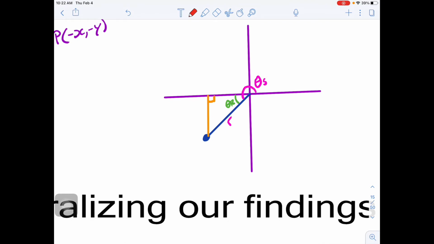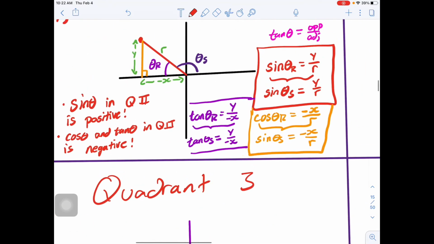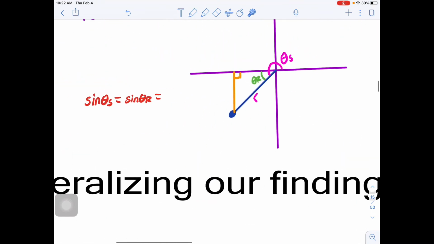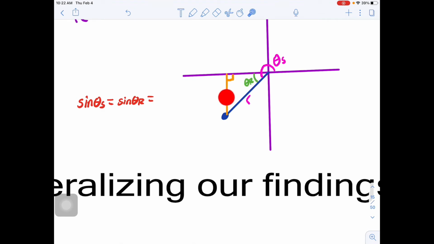So here, if we want to know the sine ratio for the standard angle, we are going to use the reference angle. So that equals the reference angle sine ratio. And what does sine equal again? We'll recall sine is opposite over hypotenuse. So what is the opposite leg of angle R? Well, that would be our negative y value.